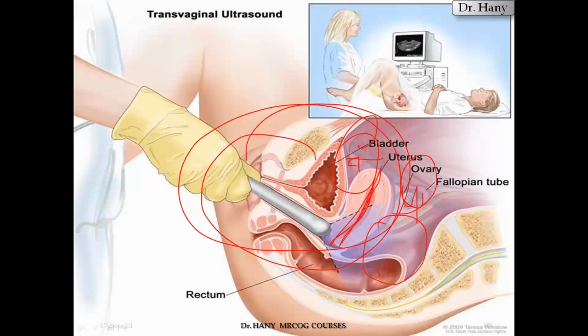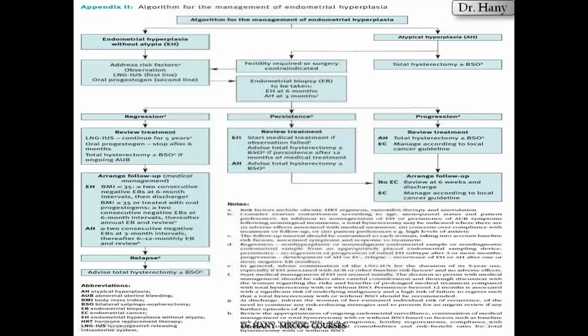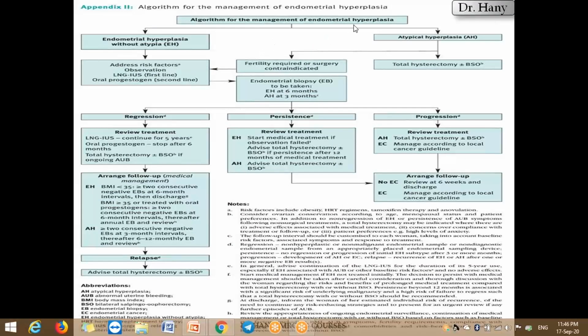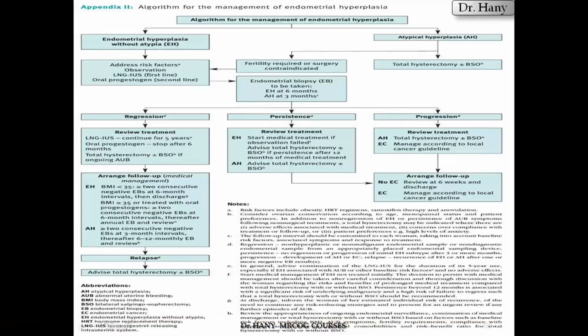What will you do for management of endometrial hyperplasia? The new guideline says it is either endometrial hyperplasia without atypia or with atypia. Without atypia, either wait and see and let nature take its course. A lot of women refuse treatment, so wait and see for 1 year, then start the treatment.